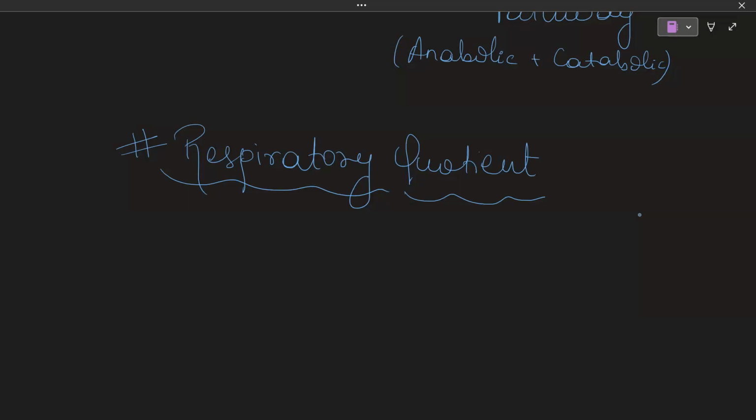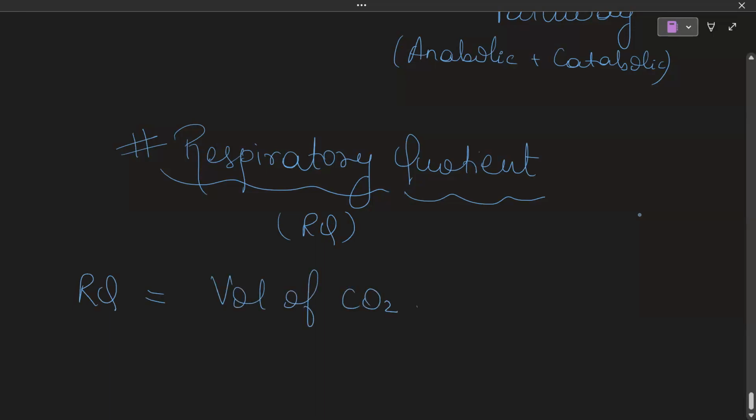So when we want to find out what the respiratory quotient, RQ, is: RQ is the volume of CO2 evolved, meaning how much CO2 has been evolved after the process is done, upon the volume of O2 consumed.